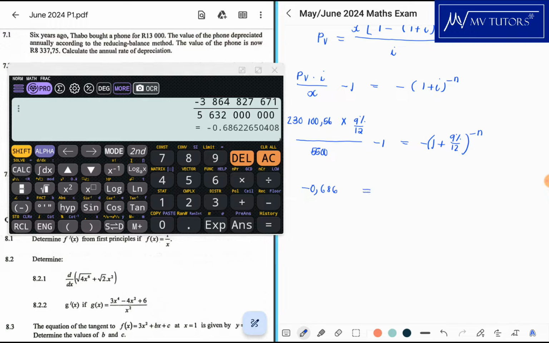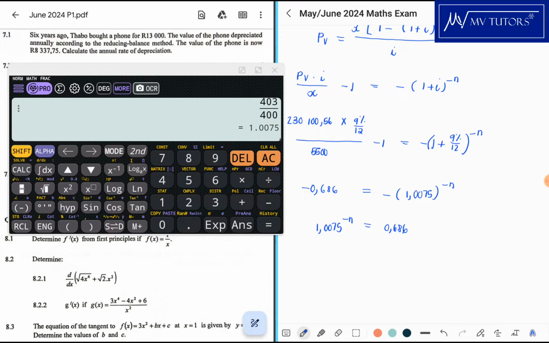And then on the other end, if I say 1 plus 9% over 12, I get negative 1,0075 to the power negative n. So I'm going to remove the negatives, and I'm going to bring this term to the left hand side. So I have 1,0075 to the power negative n is equal to 0,686.